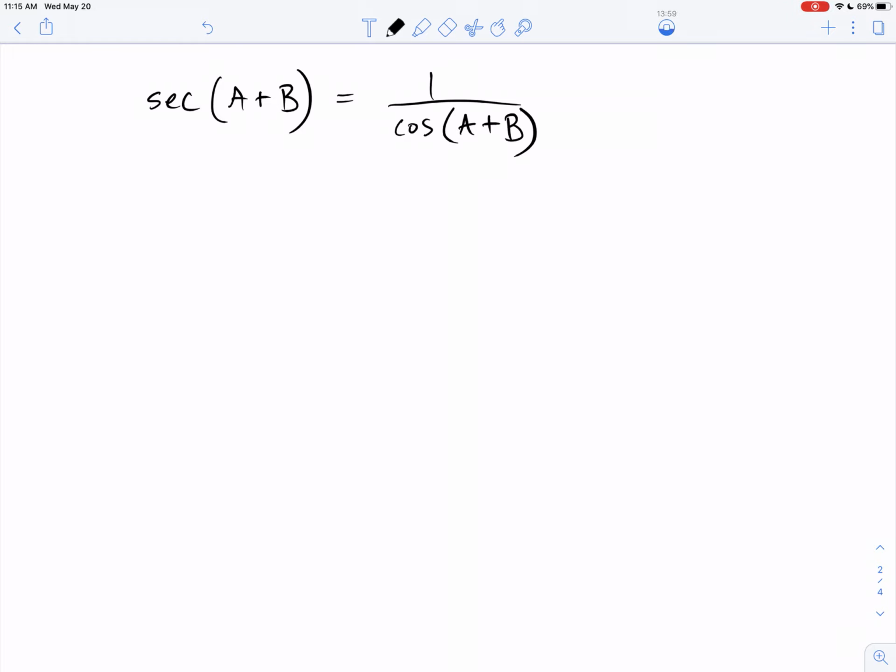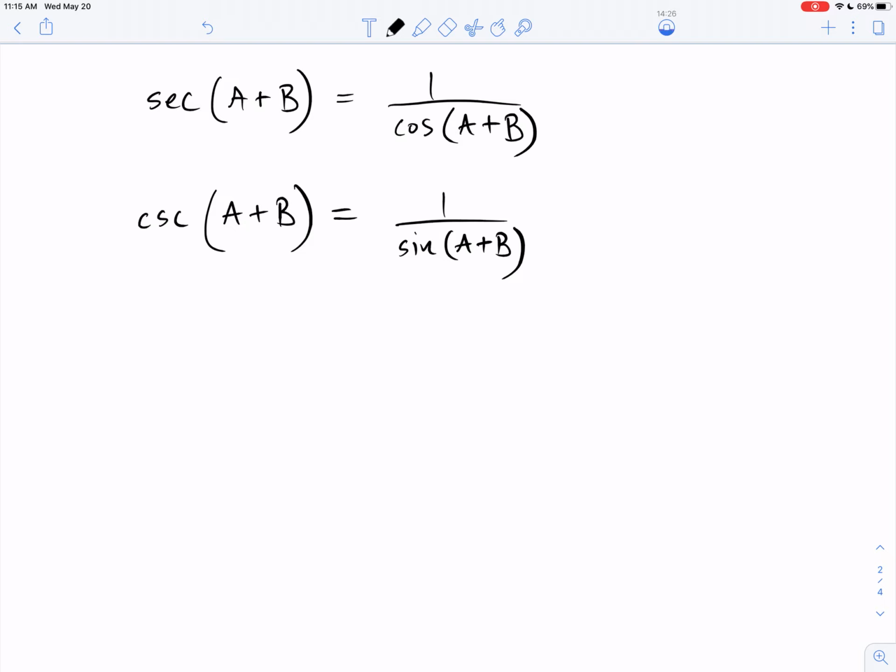It is totally true. So if I said, what is, let's say, cosecant of A plus B, you could say, oh, well, that's the same thing as 1 over sine of A plus B. Oh, do you think it works for cotangent? Sure it does, all of this stuff works that way.